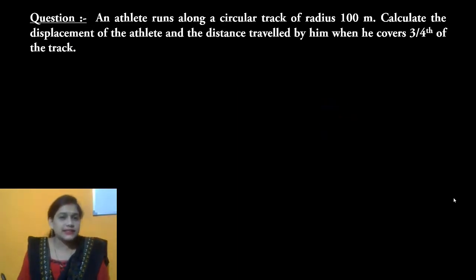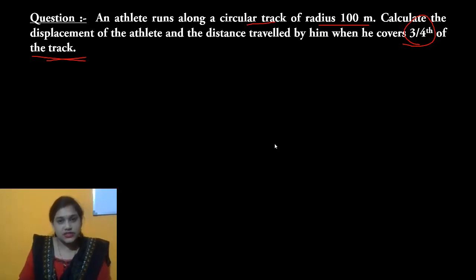An athlete runs along a circular track of radius 100 meter. Calculate the displacement of the athlete and the distance travelled by him when he covers 3/4 of the track. Very interesting question. Let's proceed. First we have to draw a circular track.